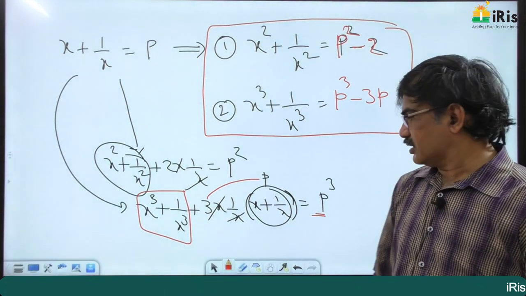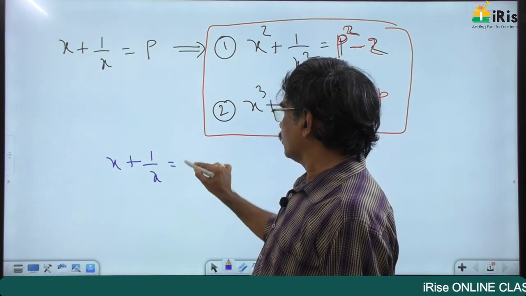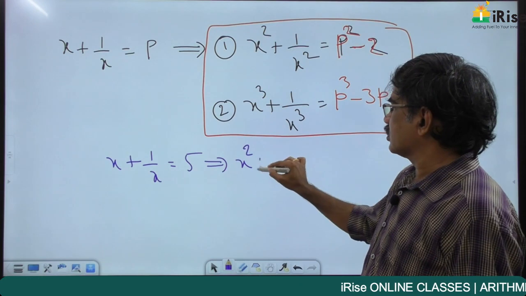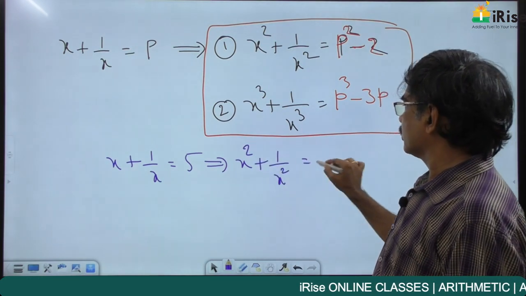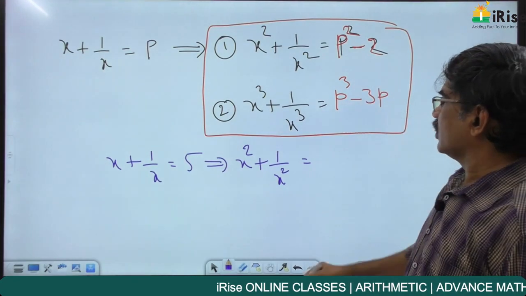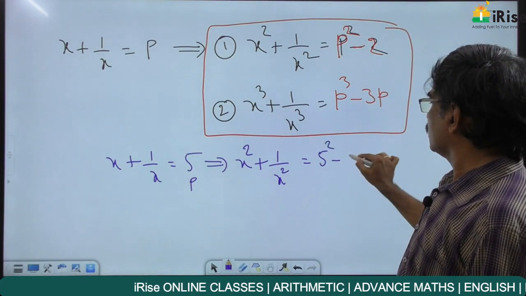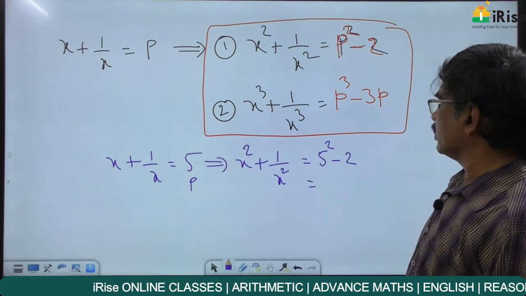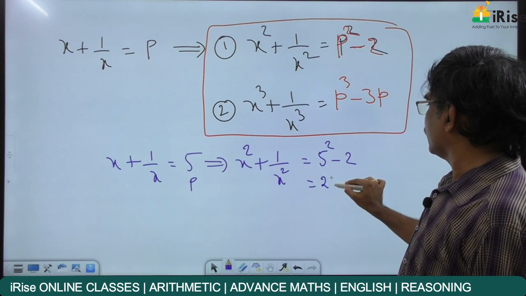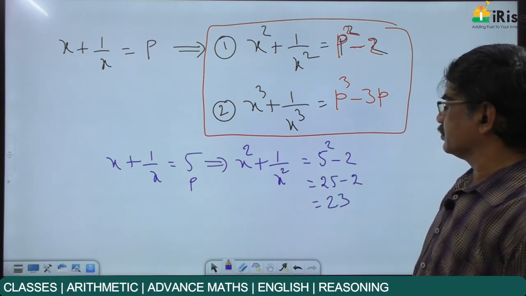If x plus 1 by x is equal to 5, what is x square plus 1 by x square? Just use this formula. This is p, so the formula is p square minus 2, which is equal to 25 minus 2, 23.